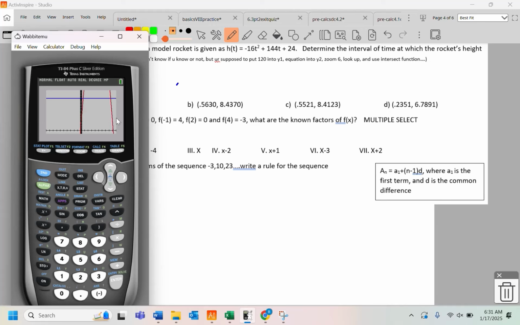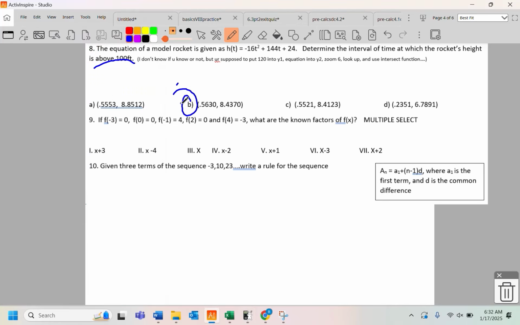Don't ever play with X max until you've played with Y max, okay? So let's do a second trace. Enter, enter, enter. Now look at that time, 0.5630. You see it? 0.5630. It's right there, choice B.